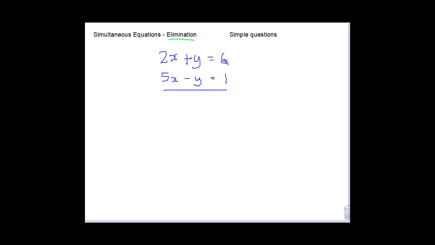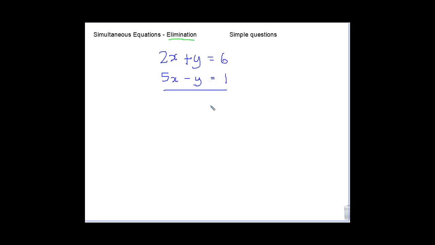If we just took one equation by itself, it could have an infinite number of values that would work: 2 times a number plus a number would equal 6. We could get an infinite number of values. But when we pair it with another equation, it allows us to find the one value that x and y must take to make both these equations satisfied at exactly the same time.